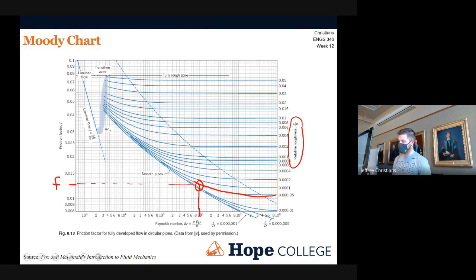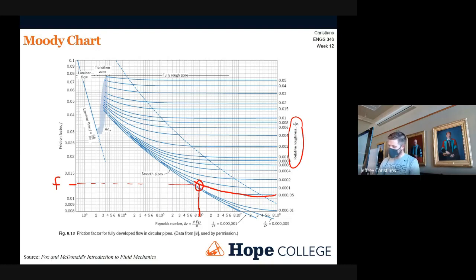There's that implicit equation for F that I wrote. Our book also has an explicit equation for F, like a normal F equals equation, which describes behavior for smooth pipes.